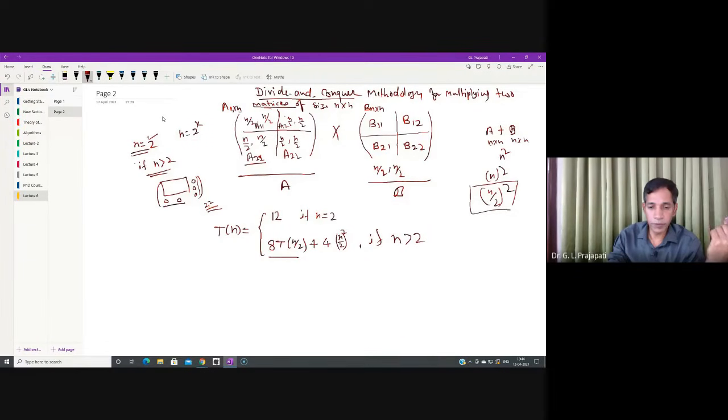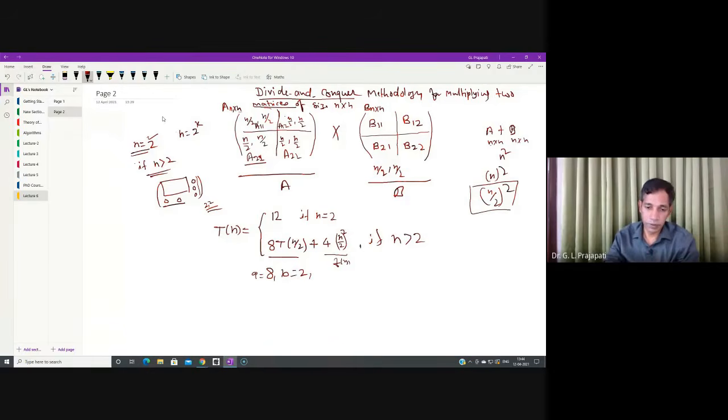If you compare with the master recurrence, then a is equal to 8 and b is equal to 2. What is f of n here? f of n is this. You have the degree of the polynomial as 2.